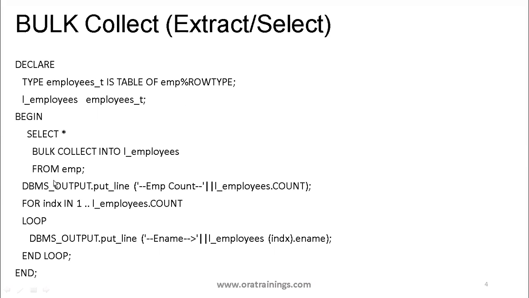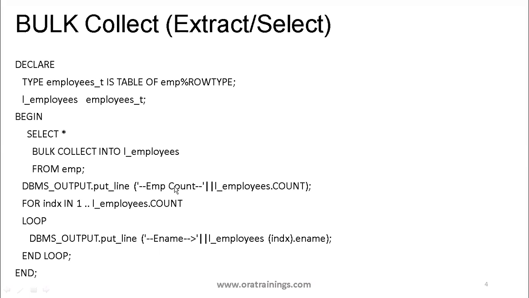It is similar to your normal implicit cursor logic, but instead of just a simple into clause, we also mention bulk collect. That's the extra keyword we have to mention when you want to fetch n number of rows. We know that with an implicit cursor, if you have only the into clause, you can fetch only one and only one record. But now, as we have used bulk collect, you can fetch n number of records.